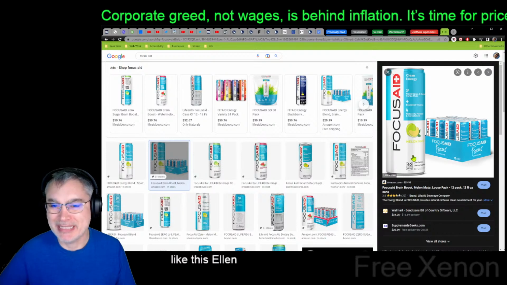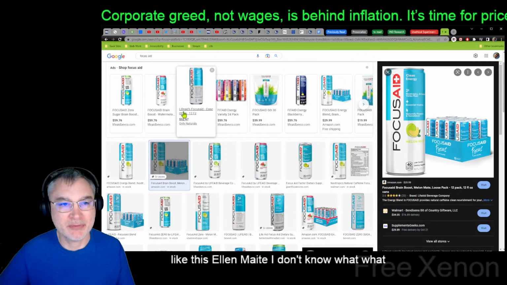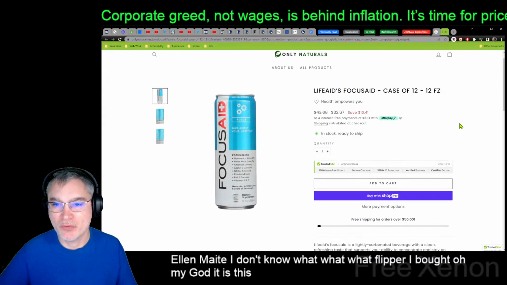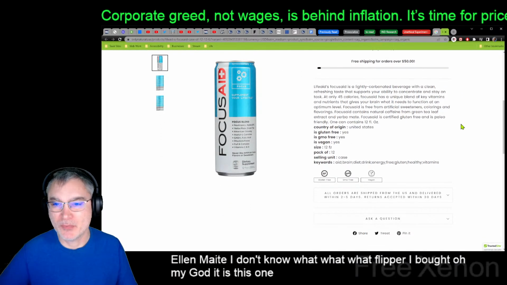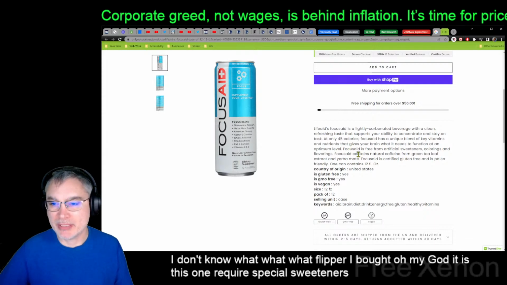Melon Mate? I don't know what flavor I bought. Oh my god. I think it's this one. This is really expensive though. Free from artificial sweeteners, colorings, and flavorings.